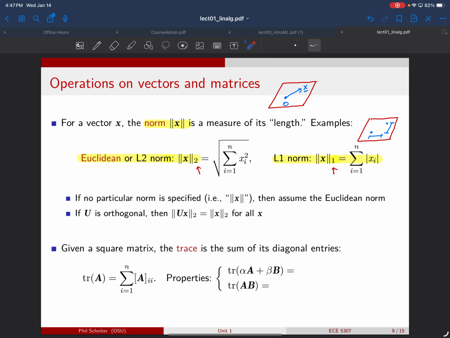Yes? No, the Euclidean norm applies to any finite dimensional quantity. We're going to stick with finite dimensional quantities in this course. So here you can see this is the equation if x is an n-dimensional vector. Often when I draw a picture, it's going to be 2 or 3 dimensions, because as humans we can't really visualize things well beyond 3 dimensions.